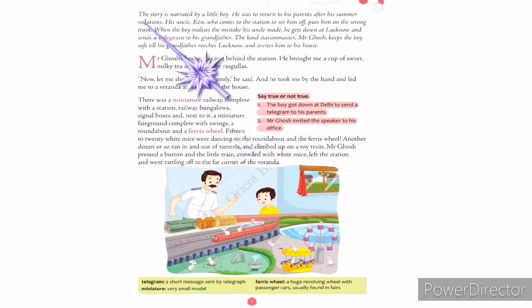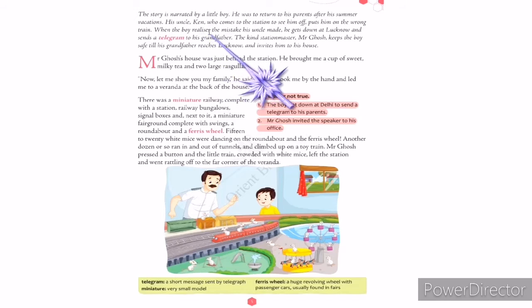Okay, so all of you keep your pointer on the first line and read with me. The story is narrated by a little boy. He was to return to his parents after his summer vacations. His uncle Ken, who comes to the station to see him off, puts him on the wrong train.